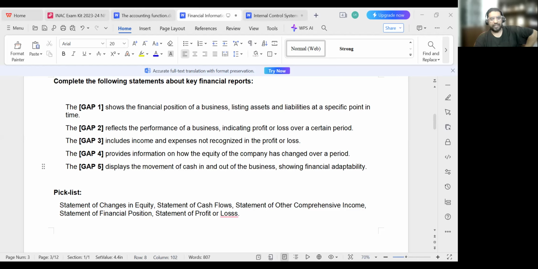Number four is statement of changes in equity. And fifth is cash flows. Cool. Yeah, you're right, Kate. Perfect.